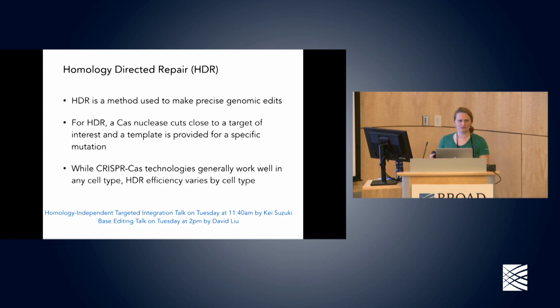I'll provide a few anecdotes on doing HDR, but if you're looking for particular information, I highly recommend that you attend these talks later during Genome Engineering 5.0. There's a nice talk about homology-independent targeted integration, and then there's another talk by David Liu about base editing. These might be of interest to you if you're looking to do HDR.